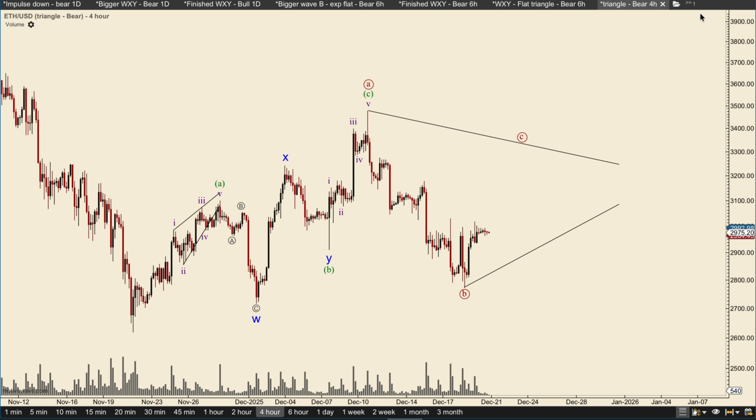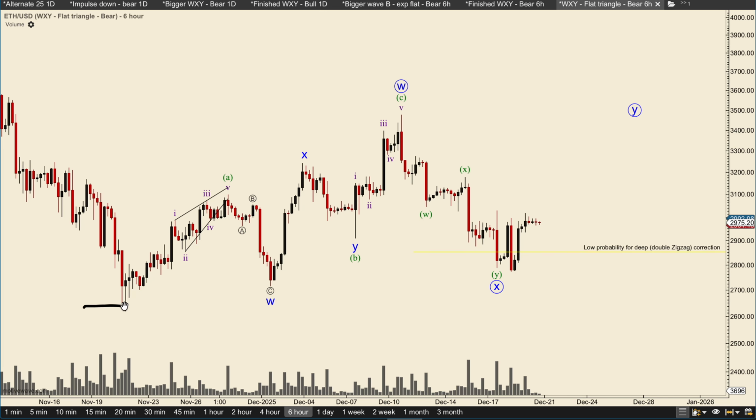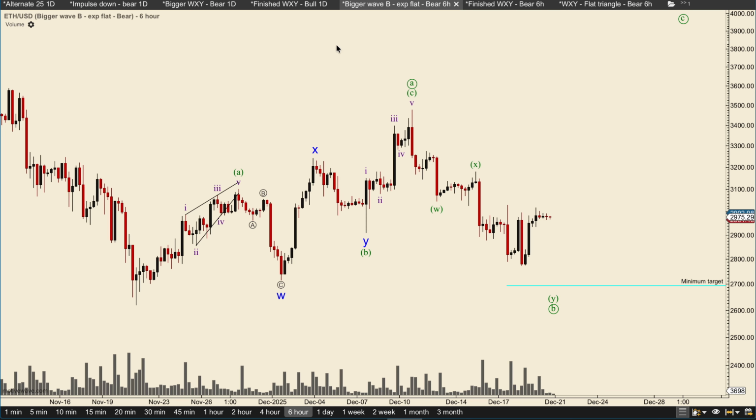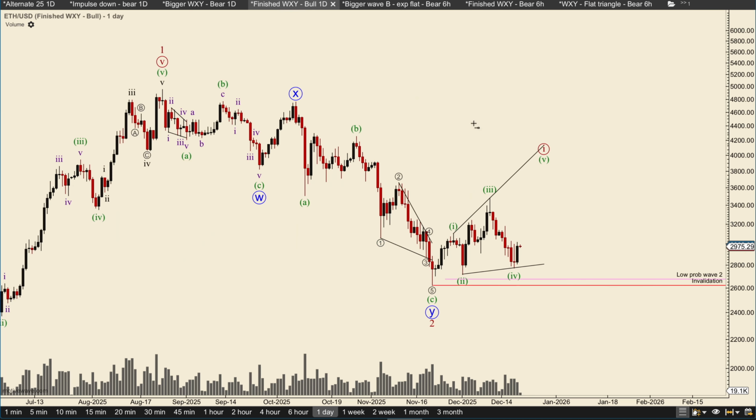But in all of these scenarios, we are taking out this low because all of these are corrections. So this also, if this is finished, we are taking out the low. The only scenario where we are not taking out the low is this, the bullish scenario with a 1, 2, 3, 4, 5 wave 1 looking for a wave 2 and then we move up.